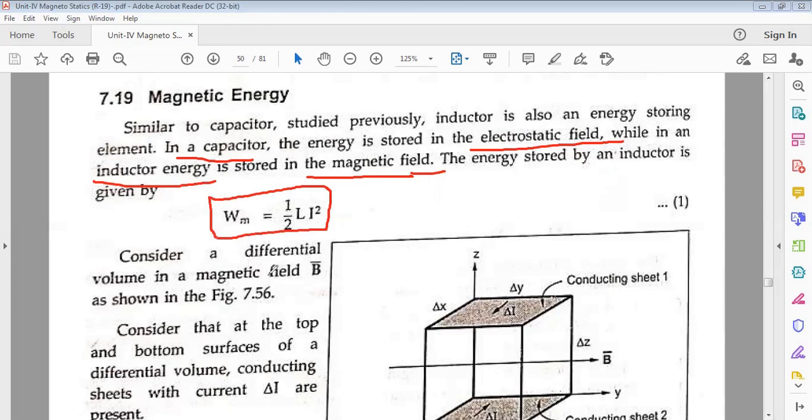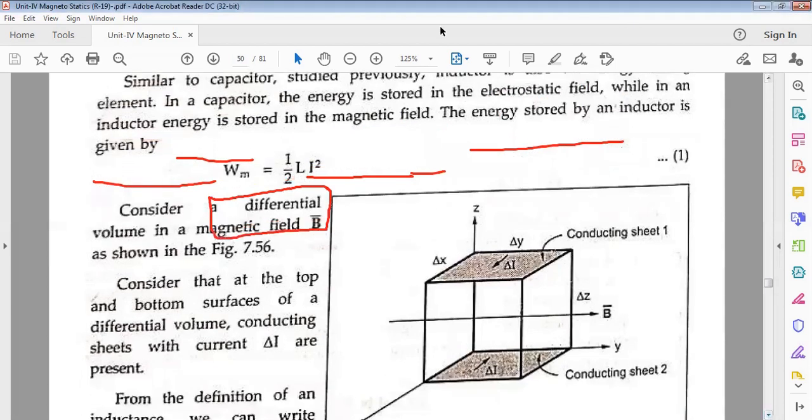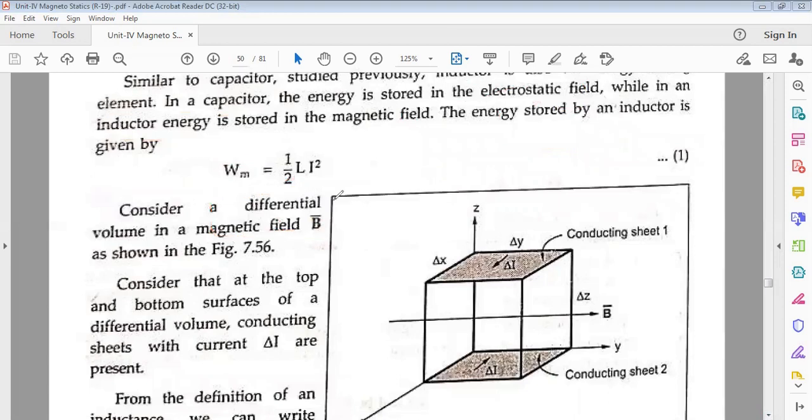Consider a differential volume in magnetic field B bar as shown in this figure. Consider that the top and the bottom surfaces of the differential volume are conducting sheets. See, consider this is on the XY plane, there is one sheet, and opposite it another sheet.